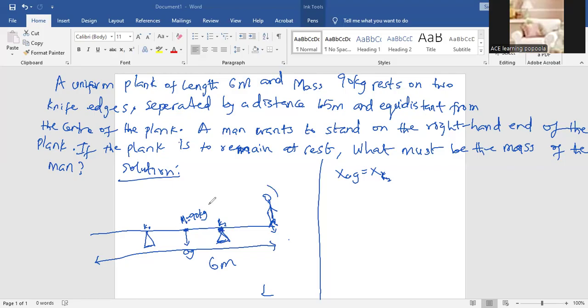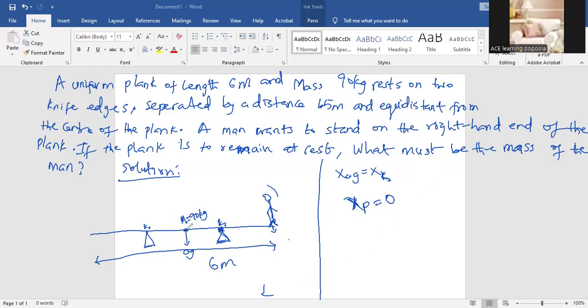So it's either this man is going to make this thing turn like that or like this. From the diagram, the center of gravity of the plank is 0. Now, what does this mean?